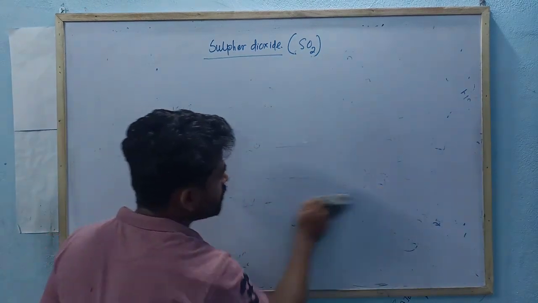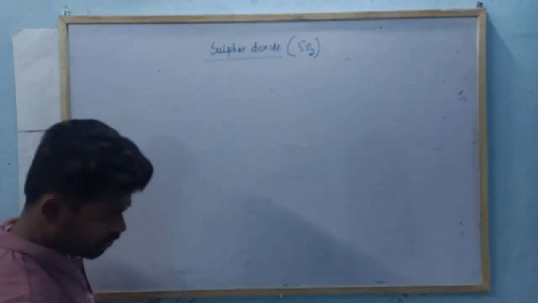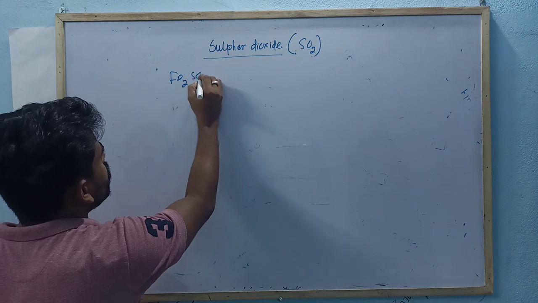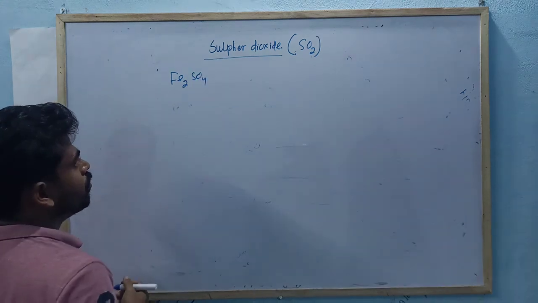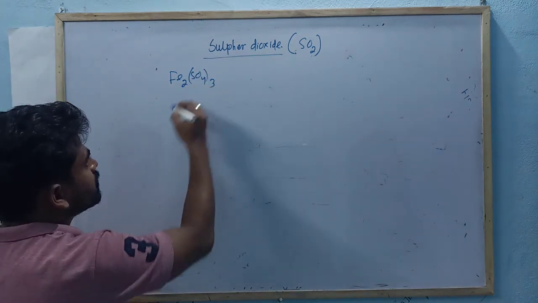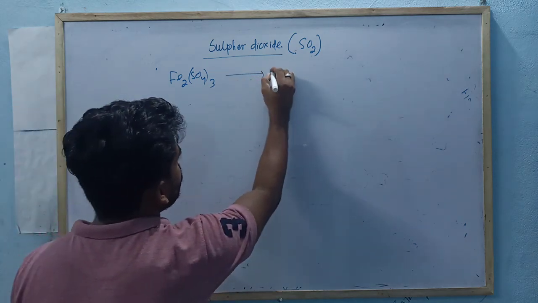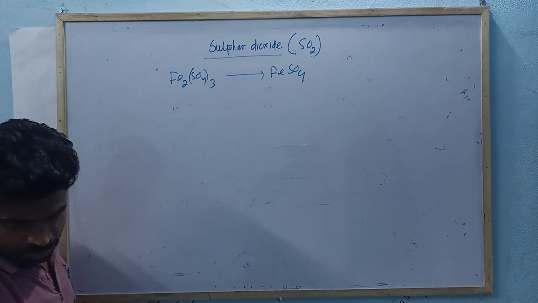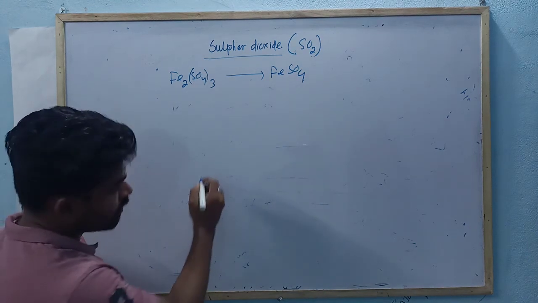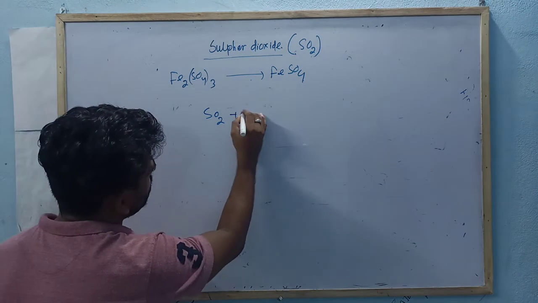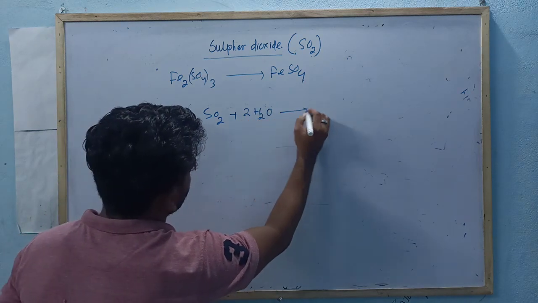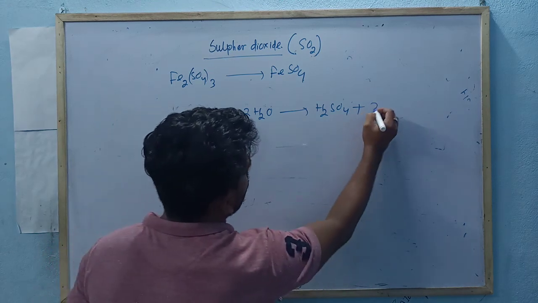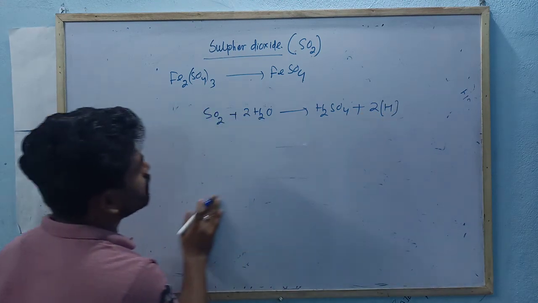It also reduces your ferric sulfate, Fe2(SO4)3. Okay, ferric sulfate into ferrous sulfate, FeSO4. Okay, so now just write down the equation like SO2 plus 2H2O giving rise to H2SO4 plus 2 nascent hydrogens.